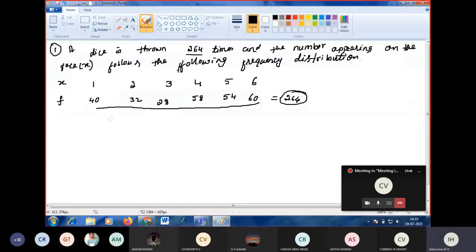Are you getting 264 or not? Add it quickly: 40 plus 32 plus 28 plus 58 plus 54 plus 60.